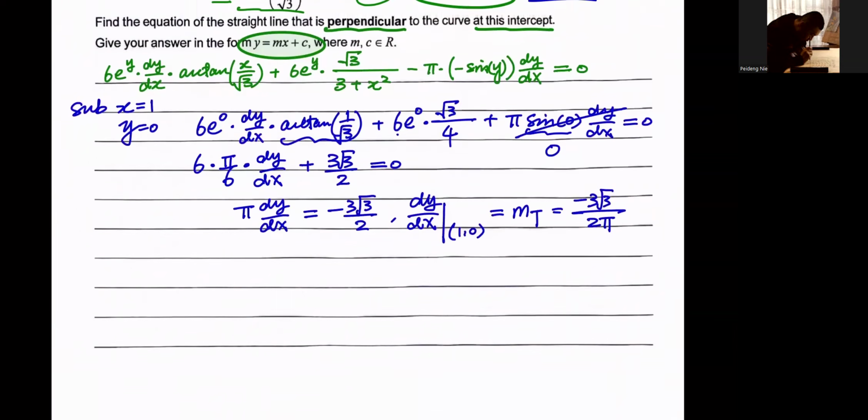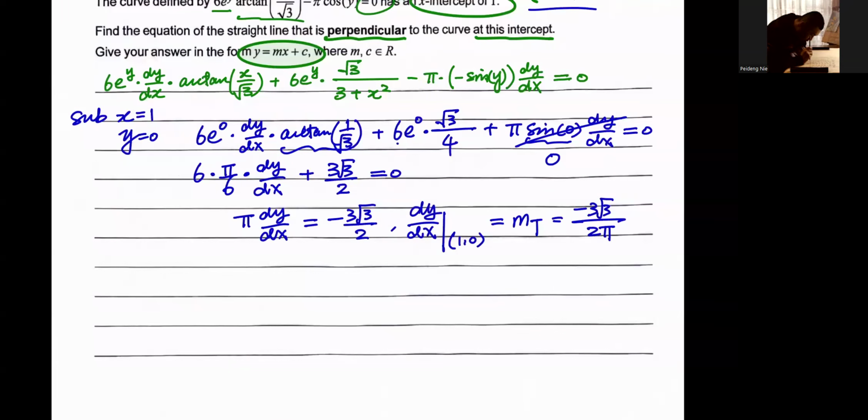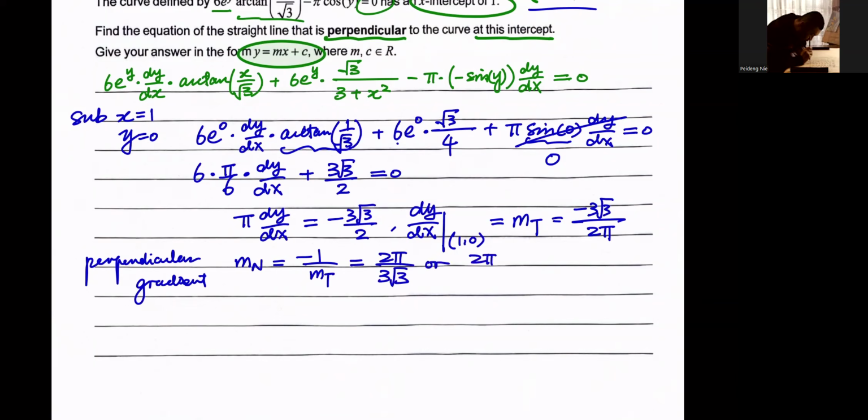But the question actually wants the perpendicular gradient. The perpendicular gradient is m normal, which is negative 1 over m tangent. And that gives you 2 pi over 3 root 3, or 2 pi root 3 divided by 9, if you multiply the top and the bottom by root 3.